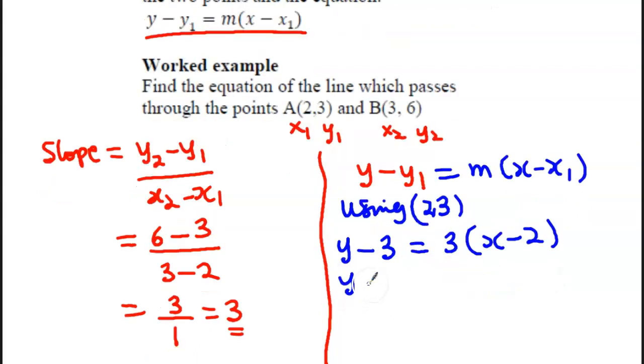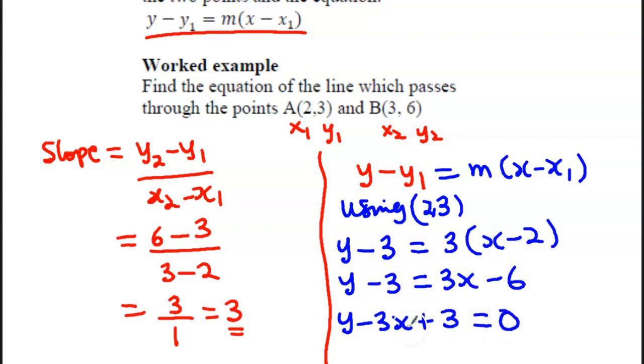So y minus 3 is equal to 3x minus 6. Let's bring all of them to this side. So y minus 3x, and when this comes to the left hand side, minus 3 plus 6 gives 3, which is equal to 0. So that is the equation of the line given 2 points.